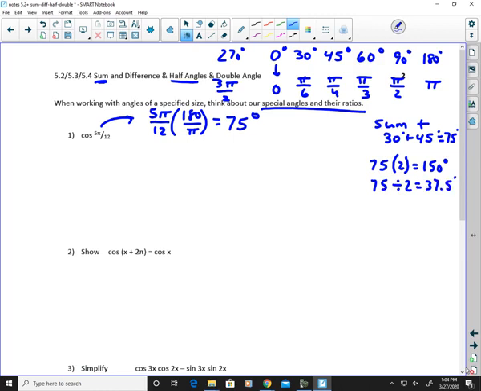So the half angle formula would be a possibility for doing.